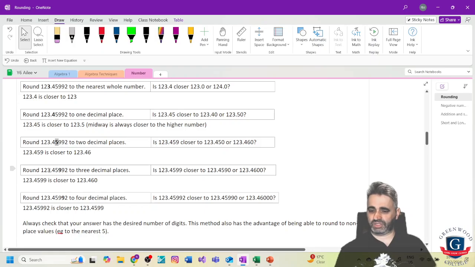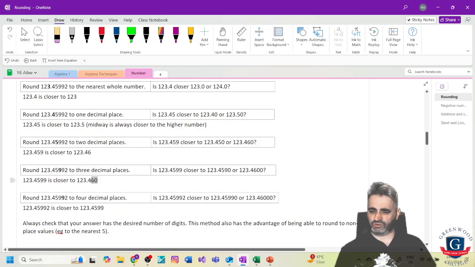To 3 decimal places, 123.4599, there's the 3rd decimal place. So now we're going to look at those 4 decimal places. Is 4599 closer to 4600 or 4590? Obviously 4600. So we would just say that it's close to 123.460.